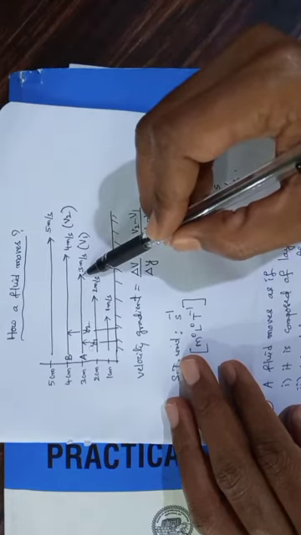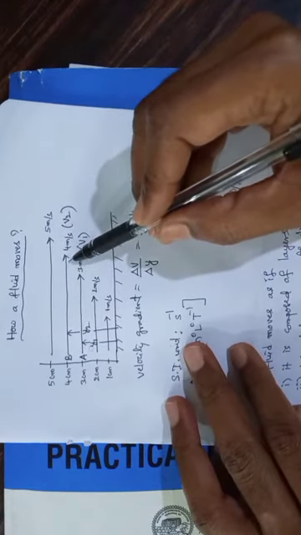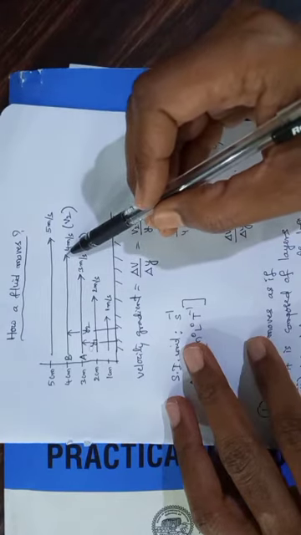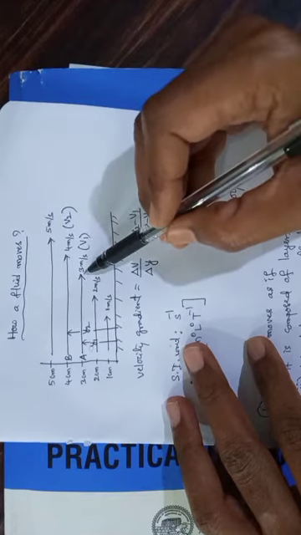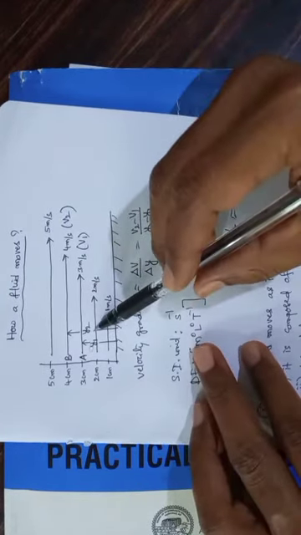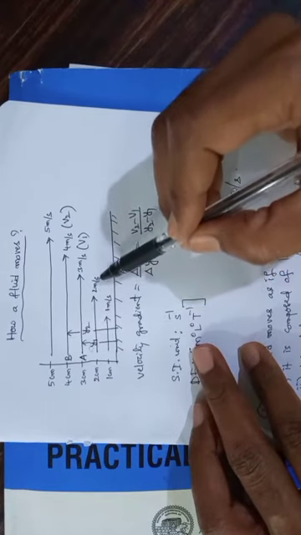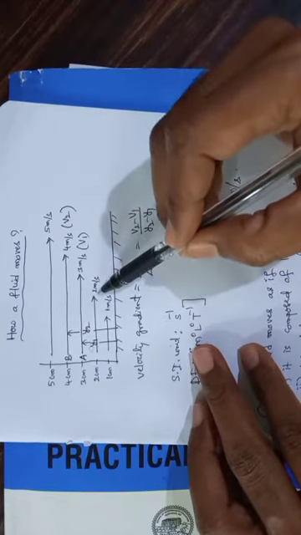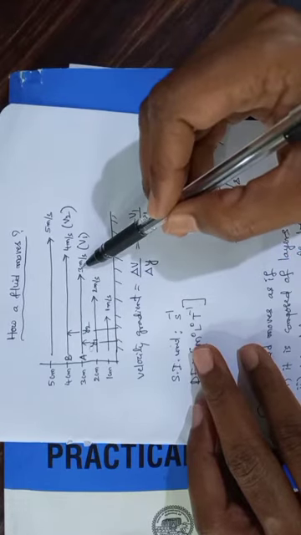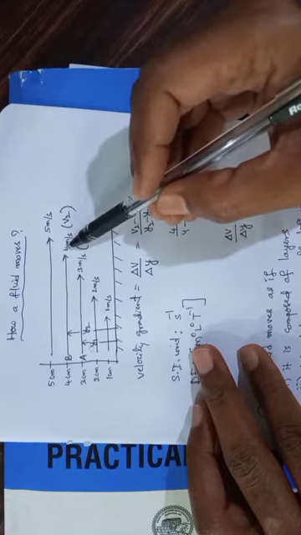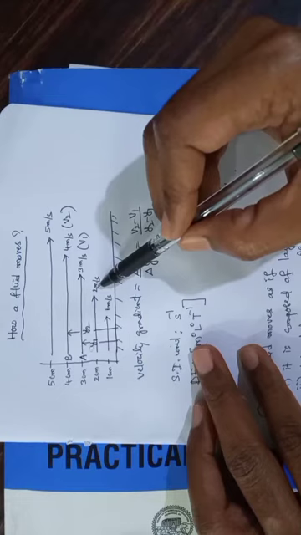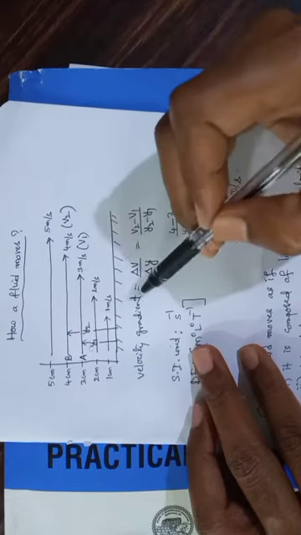Above that layer, the fluid layer has 4 meter per second velocity, so this layer tries to increase its velocity. Below this layer we find another layer moving with 2 meter per second velocity, and this layer tries to decrease its velocity. Once again, the upper layer tries to increase its velocity, whereas the lower layer tries to decrease its velocity.